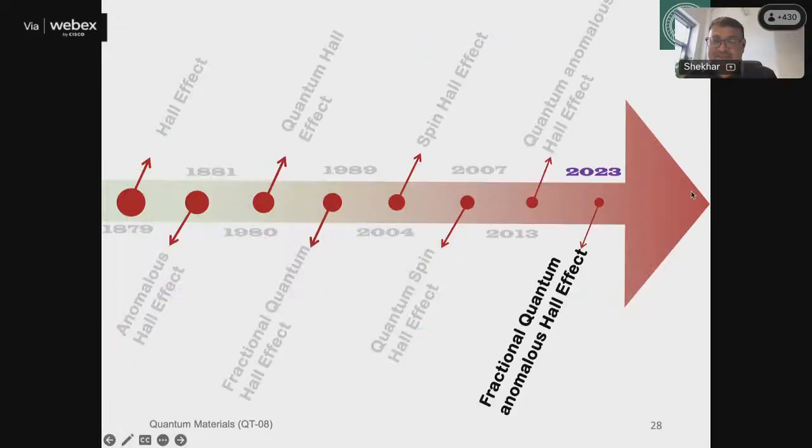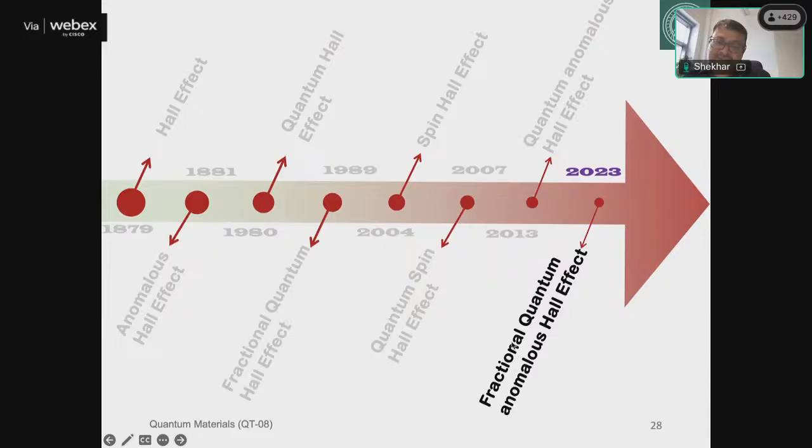As I said, we have a further chance to discover something when you combine spin and quantum anomalous. It might be some spin quantum Hall effect, like the quantum spin Hall effect. We can fractionalize it further into the fractional quantum spin Hall effect.